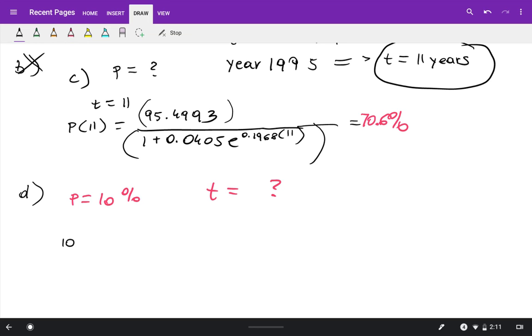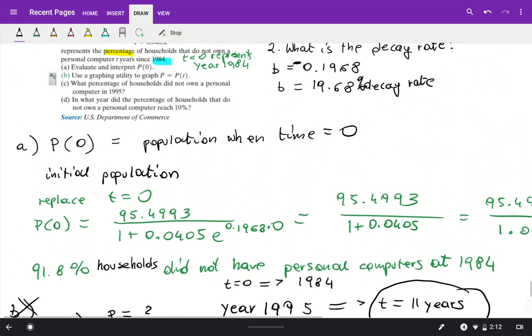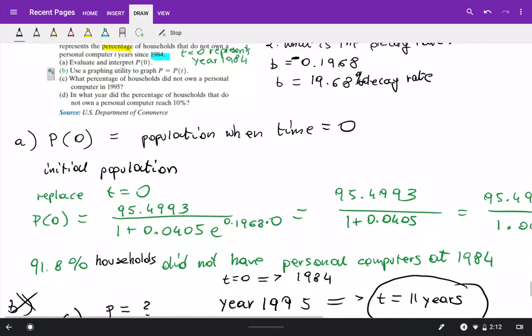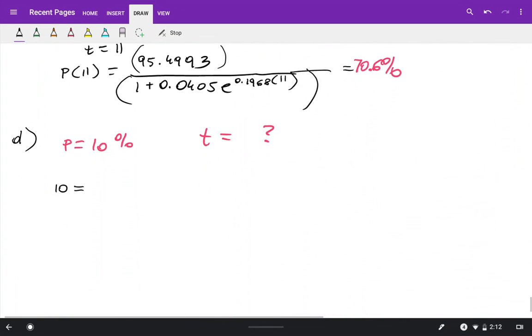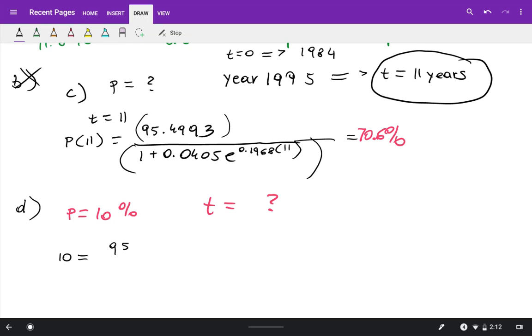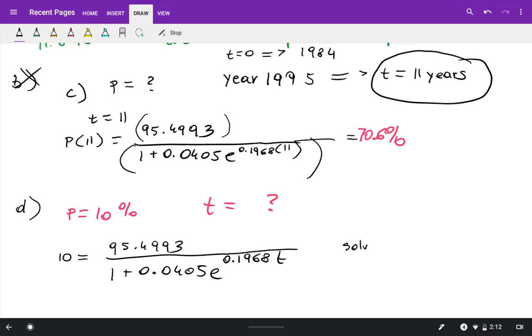So we have P of t, you're going to plug in 10, equals 95.4993 over 1 plus 0.0405 e to the power of 0.1968t. Okay, we need to solve for t. A lot of work to be able to solve for t.